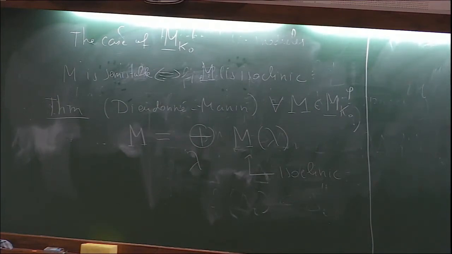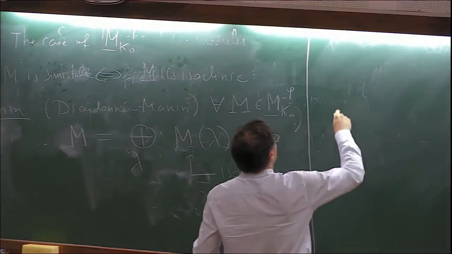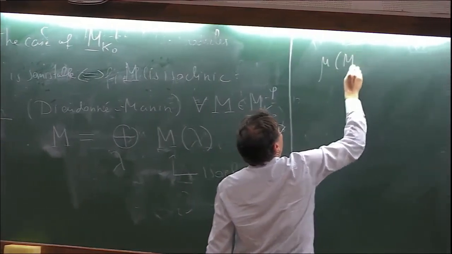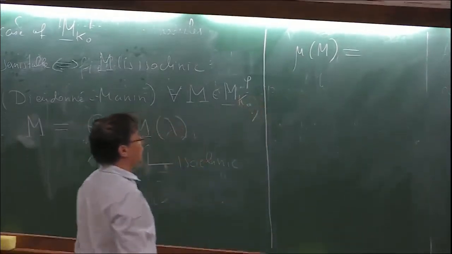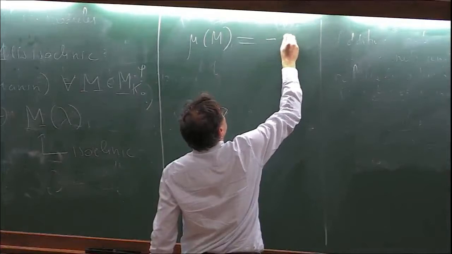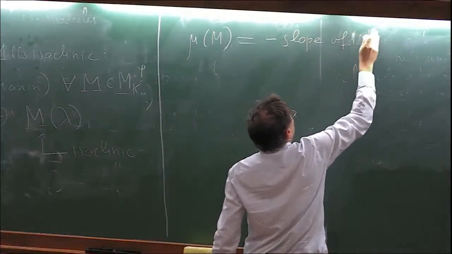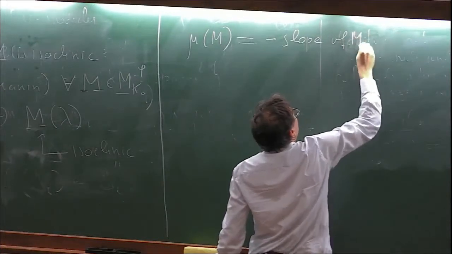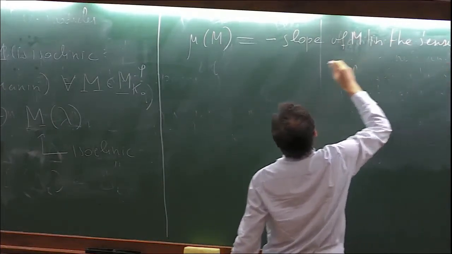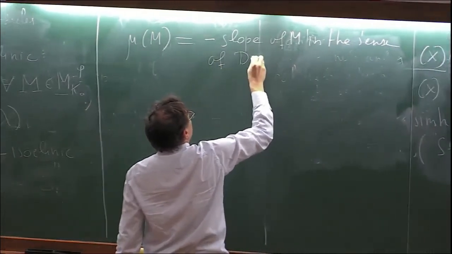So the slope of M is exactly minus the slope of M in the sense of Dieudonné-Manin theory.